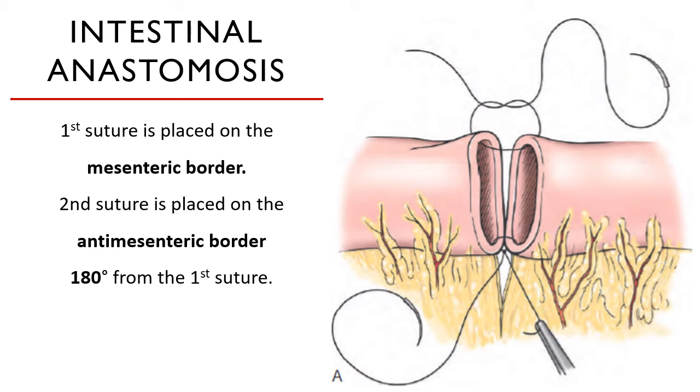Now, looking at these two sutures, this would actually divide your wound into two equal halves. And this would allow you to determine whether the two ends are of approximate equal diameter.